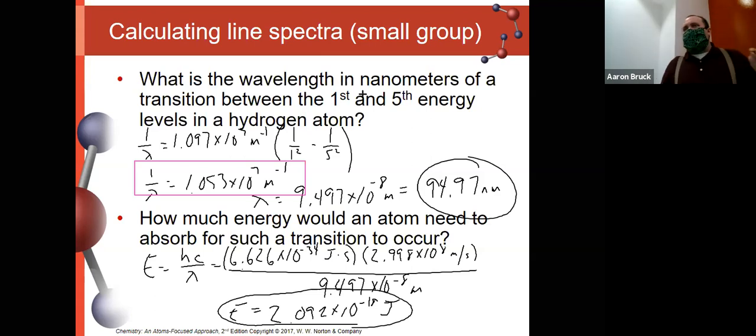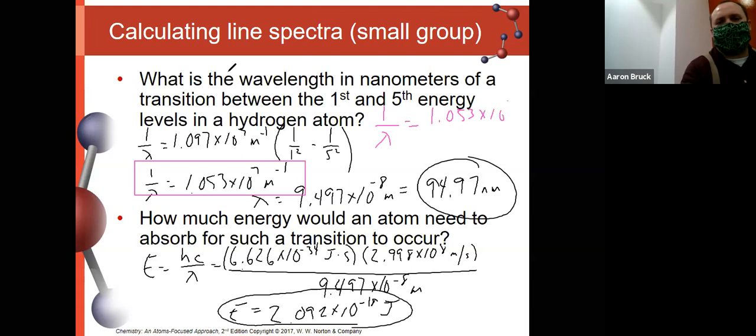Now, what you do after this stage, this is where a couple of you kind of ran into problems. How do I take the reciprocal of a number? And the answer is there's many ways to do it. One way is just to repeat the division. So you can look at this as 1 over wavelength is equal to 1.053 times 10 to the 7th over 1.